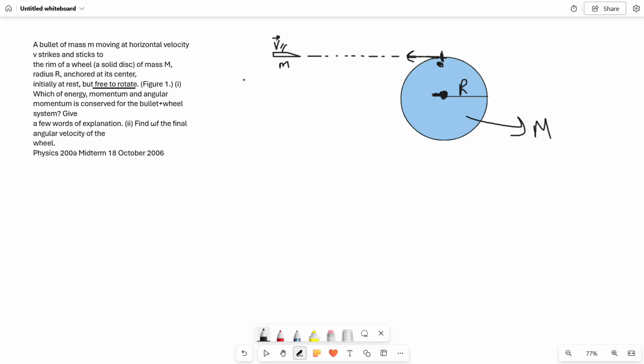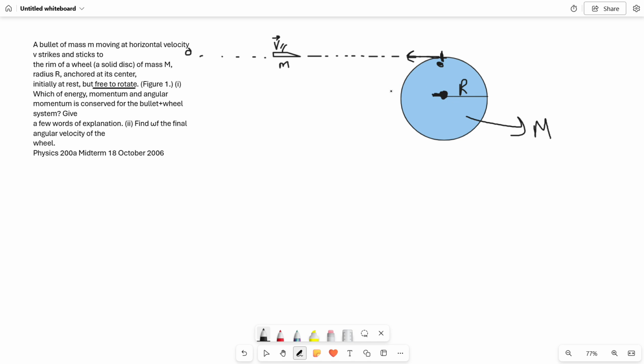Okay guys, first of all, we are going to understand the energy. There is a potential energy, but we are not going to discuss it because potential energy is not that important in this question, because we can say that this is zero and there is no potential energy.